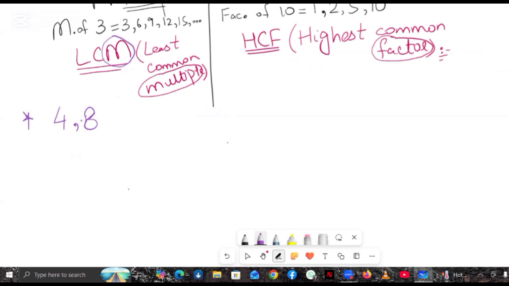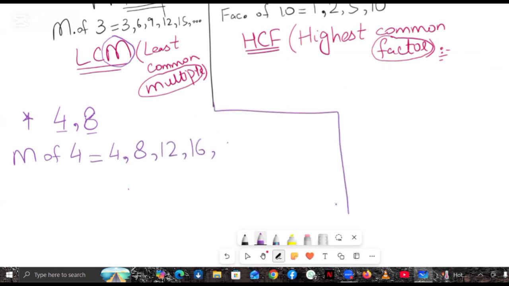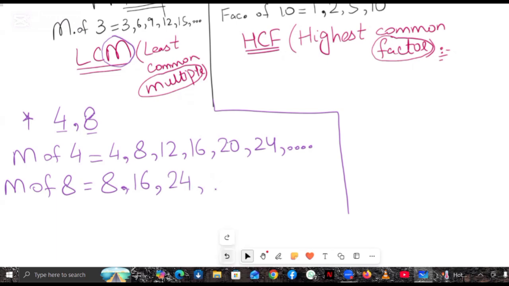Write the multiples of 4 and the multiples of 8. Multiples of 4 are 4, 8, 12, 16, 20, 24, 28, 32, and so on. Multiples of 8 are 8, 16, 24, 32, 40, and so on.